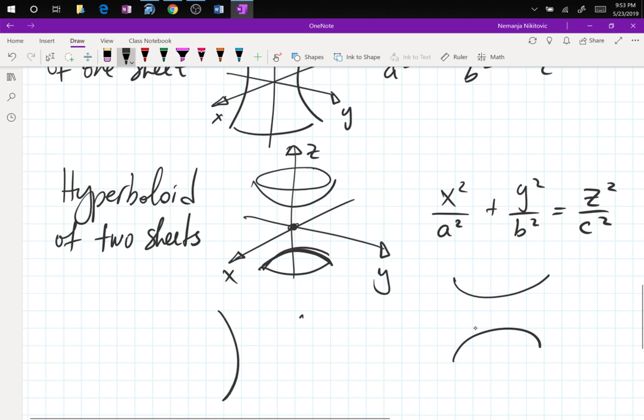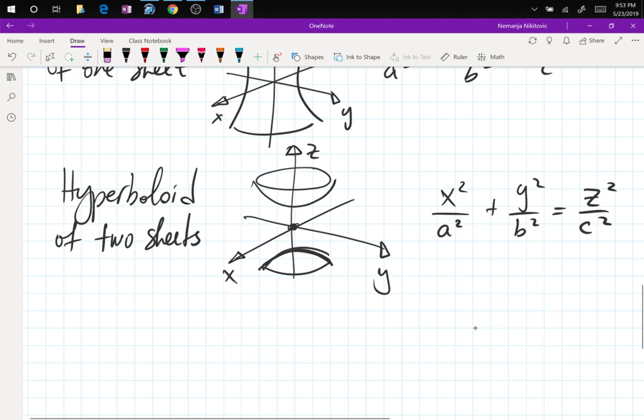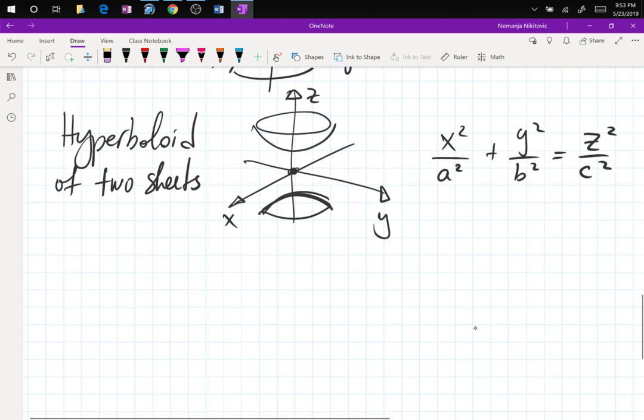The previous one, one sheet, was a hyperbola that looked like that. So this was for one sheet, and this is for two sheets. So horizontal and vertical hyperbolas are giving us these two. The next one is elliptic cone.